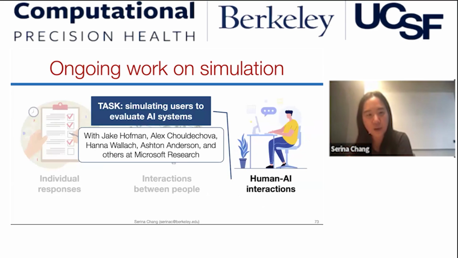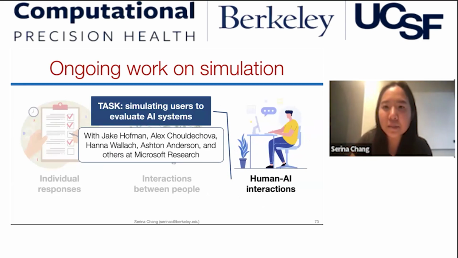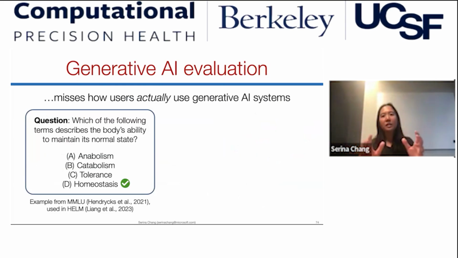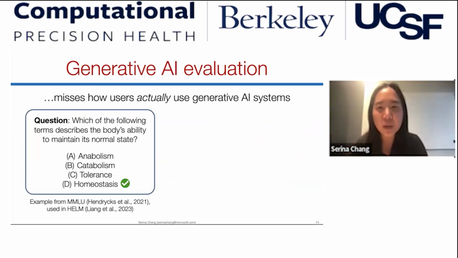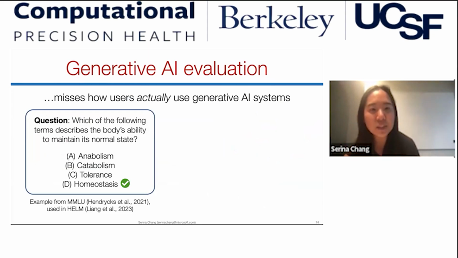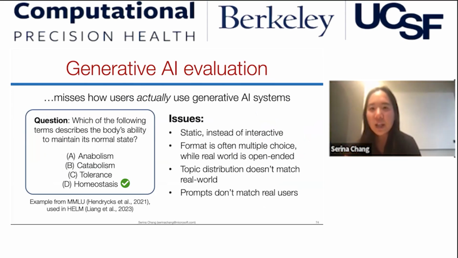And I'm also doing some work now at Microsoft of simulating users to evaluate AI systems. And there, the idea is that the way that we evaluate right now doesn't really capture how users actually use generative AI systems. So if you look at, for example, standard question answering benchmarks, they tend to be very static instead of interactive. It's not a conversation with the user.